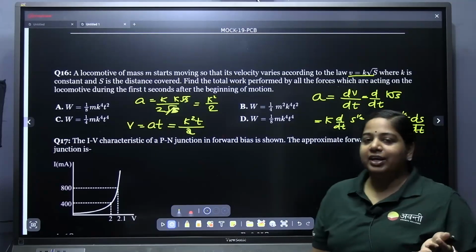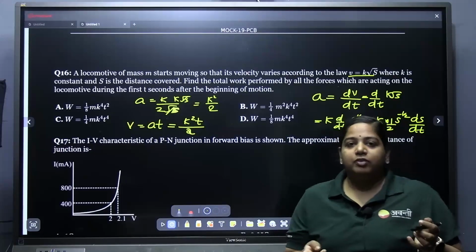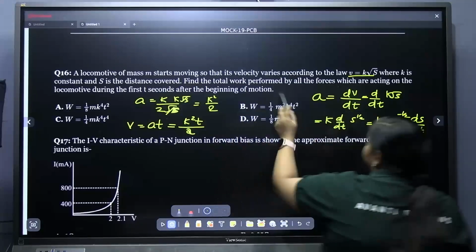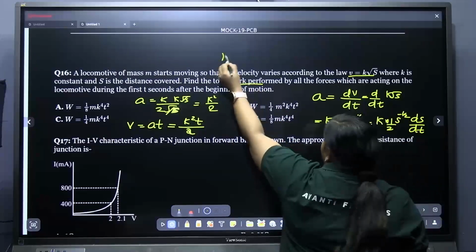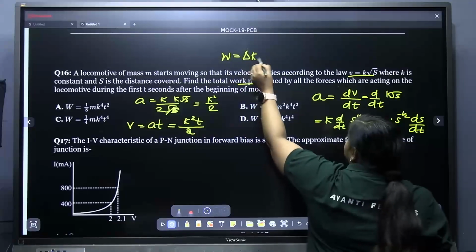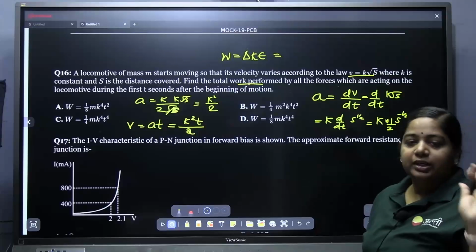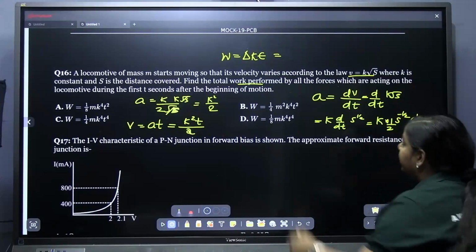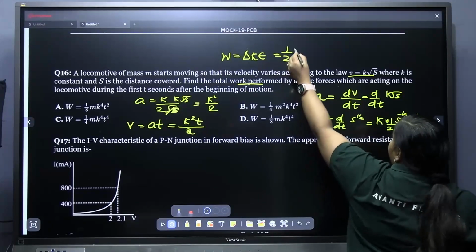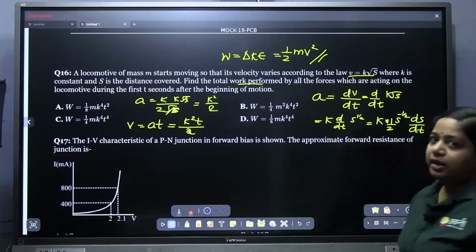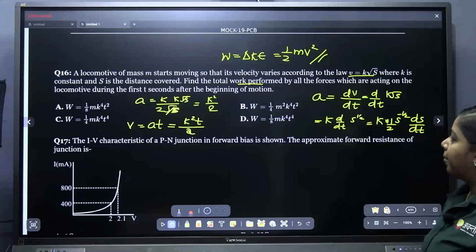Now why are we finding velocity? We need velocity to apply the work energy theorem. They are asking us to find work done, right? So work done equals change in kinetic energy. Since it's starting from 0, initial kinetic energy is 0. Final kinetic energy is half m v square. Substitute v in here, you will get the answer.